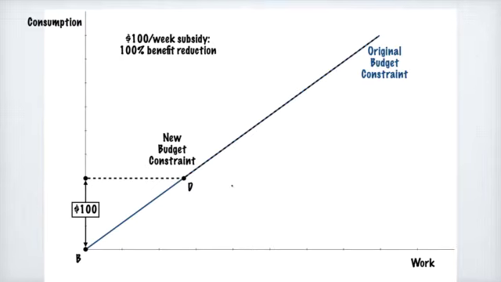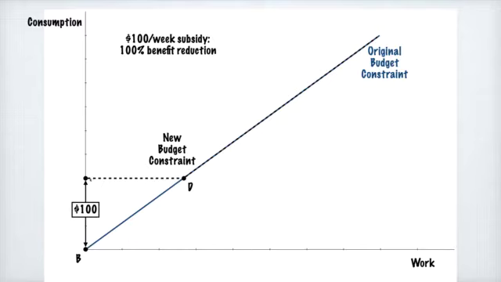It remains horizontal until it hits the original budget constraint, because at that point I've worked enough that I've had my $100 a week benefit reduced to zero. Now if I work, I will get additional income from the hours that I work. So you end up with this distortion of the budget constraint. It shifts upward when hours of work is equal to zero, by the amount of the subsidy.